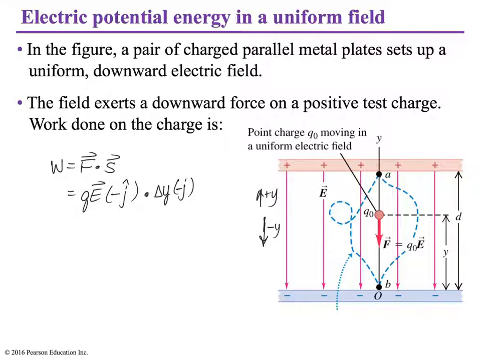What we find is, because the force is strictly in the negative y direction, it doesn't matter if the charge actually moves along these dotted lines, because the only displacement that's going to contribute to the work is the displacement that's parallel to the force. Remember, that's what the dot product means. And so the total work is going to be QE times delta y.